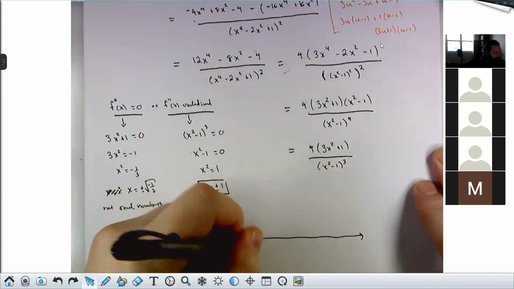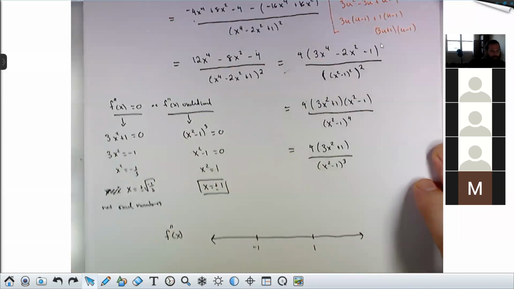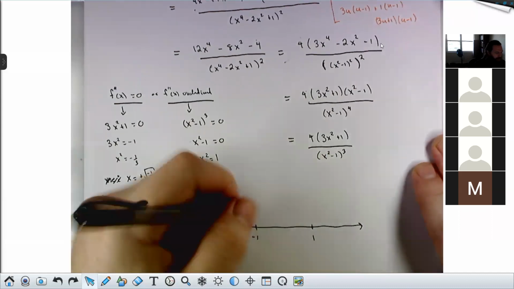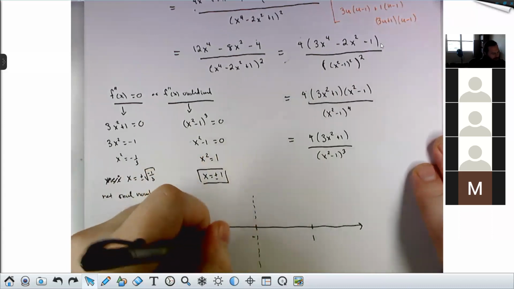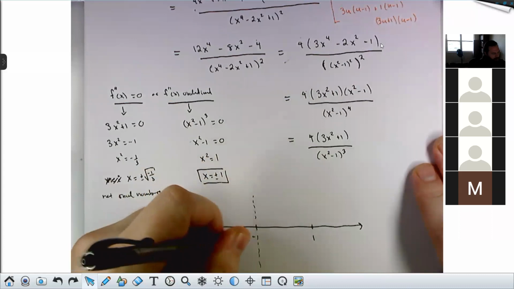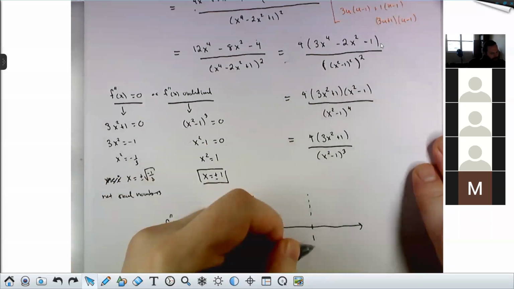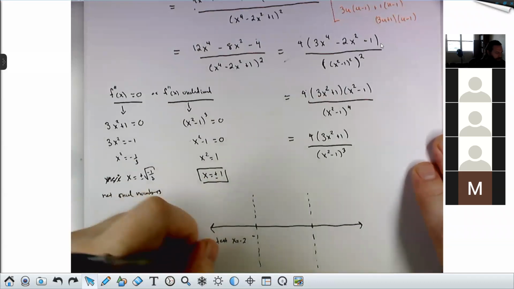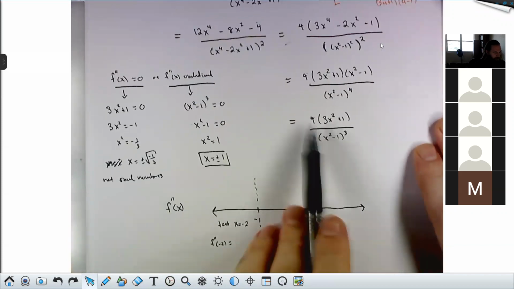Only things of interest here are -1 and +1. To the left of -1, I could test x equals -2. If I plug -2 in here, f double prime of -2 is going to be 4 times whatever.